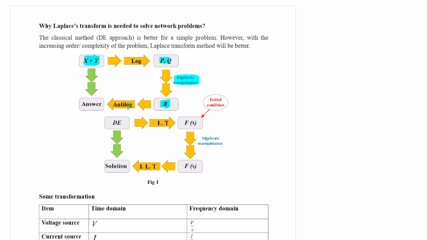Then from that r, if it takes the anti-log, you will get the answer. This straight path will work well if the problem is very straightforward. However, this enlarged path will work well for a complex problem.